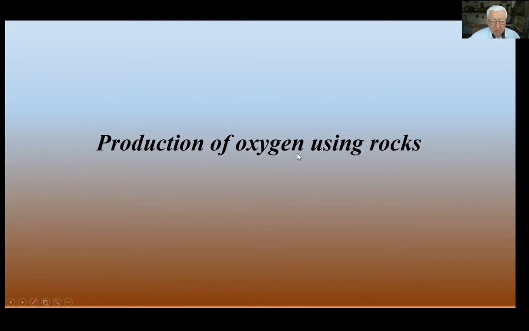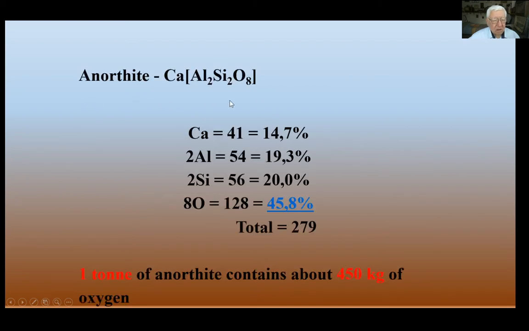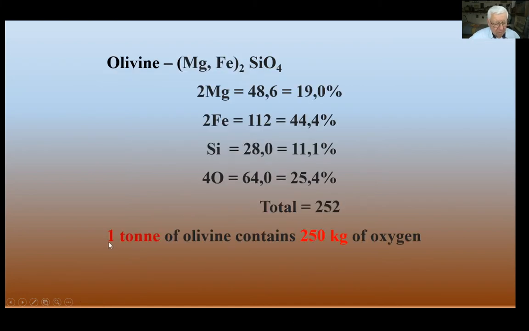We are able to produce oxygen using rocks, because most of the minerals present in basalts, minerals belonging to the plagioclases like anorthite, an aluminum silicate, contain about 45% of oxygen. This means that 1 ton of olivines, a silicate of magnesium and iron, contains, for example, 250 kilograms of oxygen.